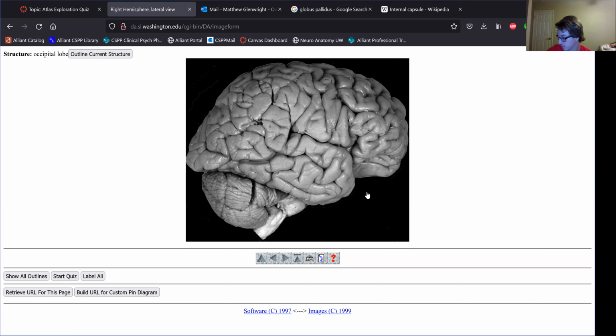And then in addition to that, we were saying we have the orbital gyri, and so I imagine the primary motor cortex, sensory cortex, visual cortex and auditory cortex are pretty self-explanatory. The orbital frontal cortex, or the orbital gyri, is an important one because it's involved in decision making.